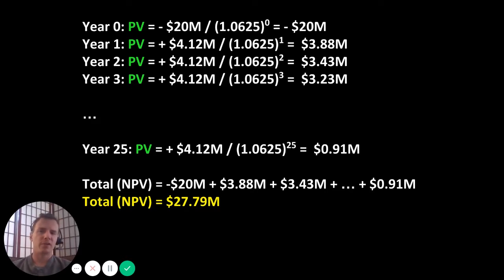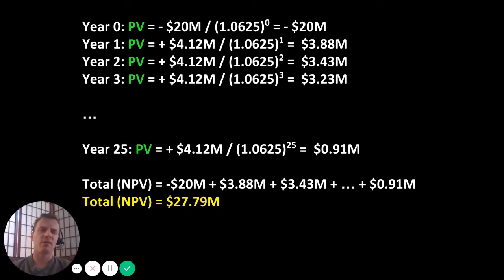Year 1 profits of $4.12 million were discounted to equal $3.88 million. Year 2 profits were discounted to equal $3.43 million. Year 3 profits were discounted to equal $3.23 million. And so forth and so on, all the way down to year 25.